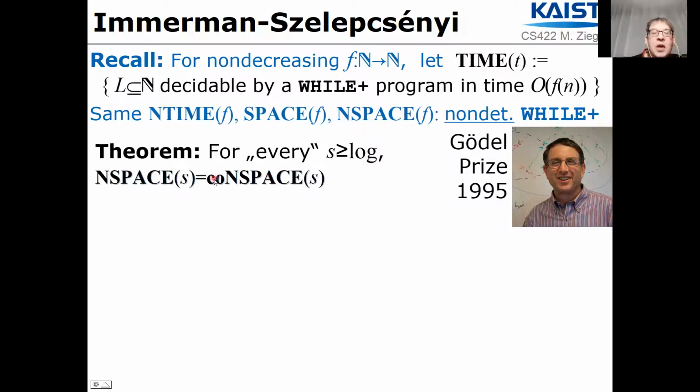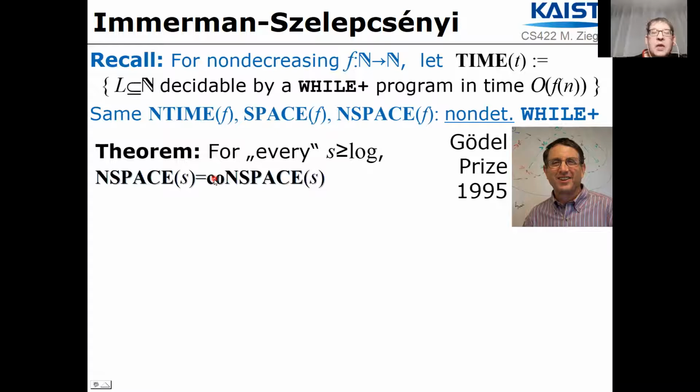And remember that co-NSPACE means the complement of a non-deterministic space algorithm. The essence of non-determinism is you can guess, but you have to verify. And if the verification fails, you have to abort the program. You may only terminate and accept once everything has worked out through all the guesses, which is another interesting paradigm in algorithm design.